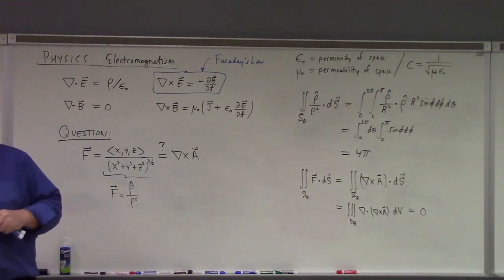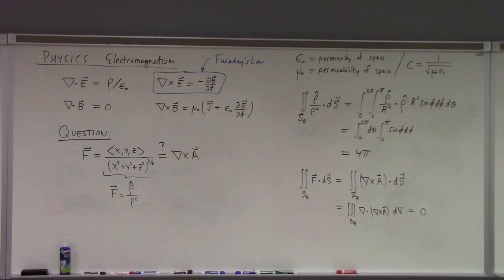Now, you'd say, but you're being sloppy there because we know that the field is divergent at the origin. So maybe this contradiction is just because you've thrown in the divergence at the origin. And well, maybe it is. I mean, it is partly that, for sure.